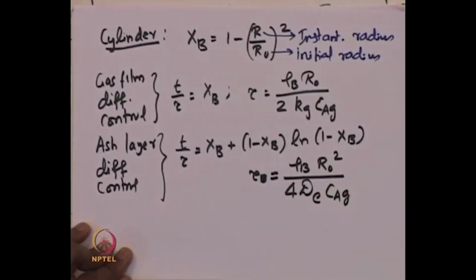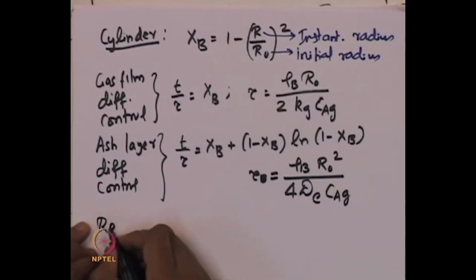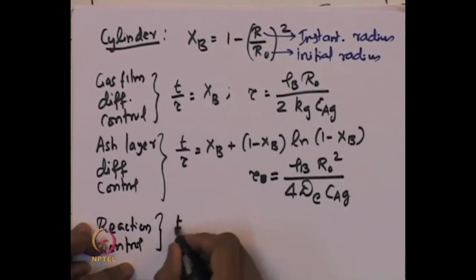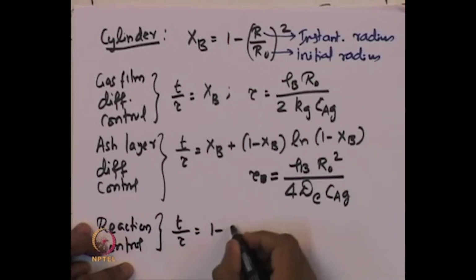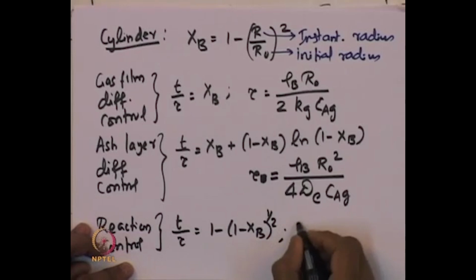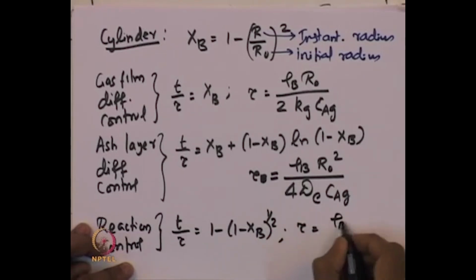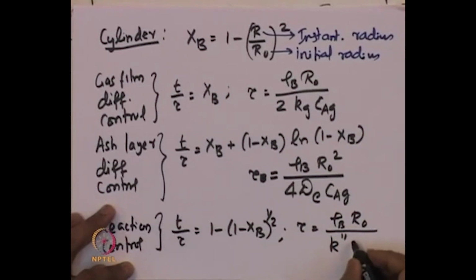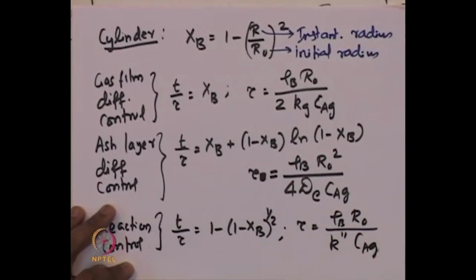So, that is the concentration of the species in the gas phase. And if it is reaction controlled, then t by tau is essentially given by 1 minus (1 minus Xb) to the power of half, and tau is equal to rho b times r naught divided by k double prime, that is the specific reaction rate, multiplied by CAG.